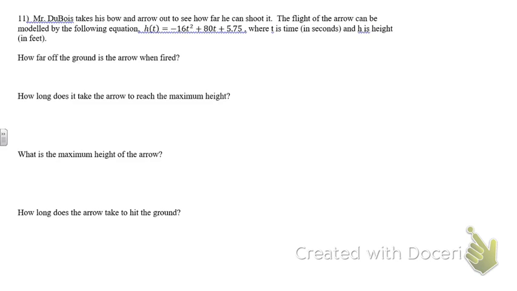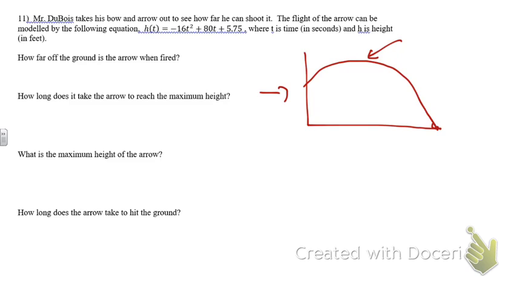Maximum height is there. Time to hit the ground is here. Starting height is here. So make sure that you remember that that's the only thing they can ask you. So you're looking for the keyword maximum. But notice maximum could be height. It could be time. So make sure you just read the question.